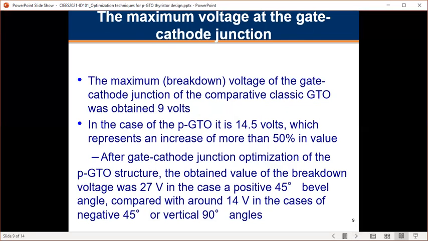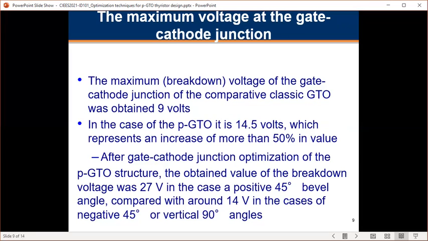Now let's see some results. The maximum breakdown voltage of the gate-cathode junction of the classic GTO obtained was 9 volts. This was simulated from the examples of the simulation program, TCAD.